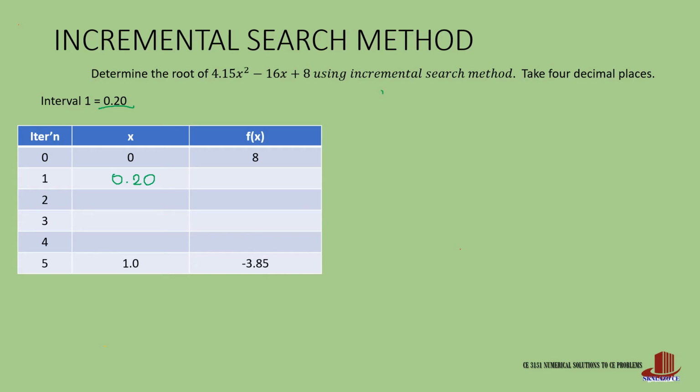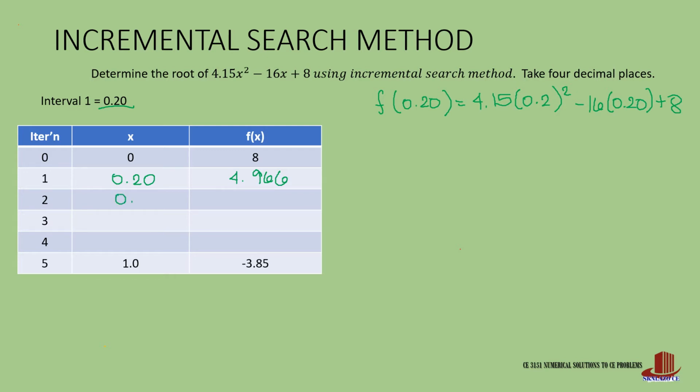Plugging that value into our f of x, still with the same function, we would have our answer as 4.966. It would be a positive. So we would still have to continue until we reach our negative sign.